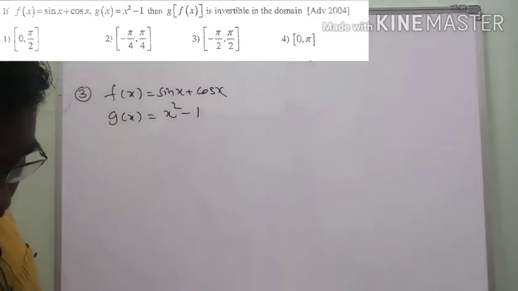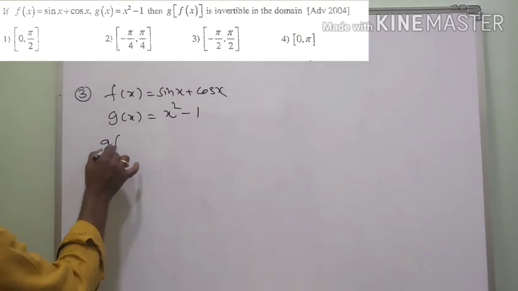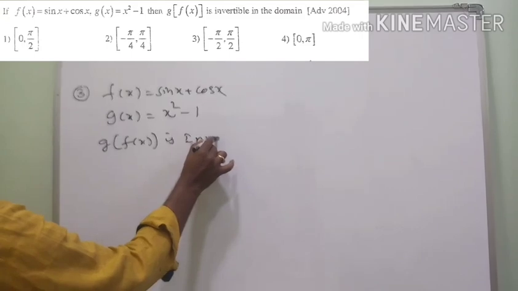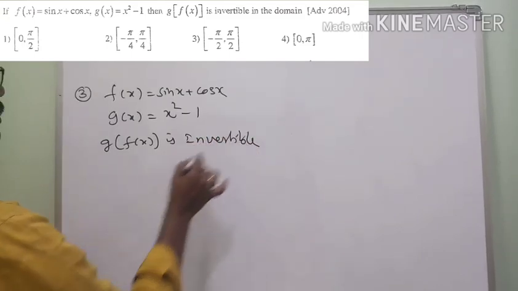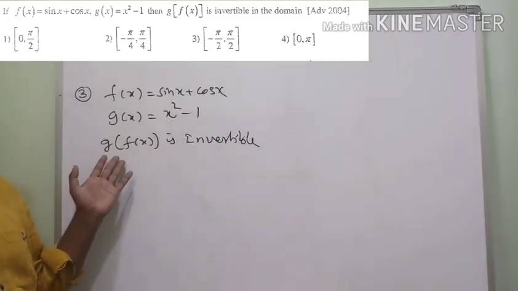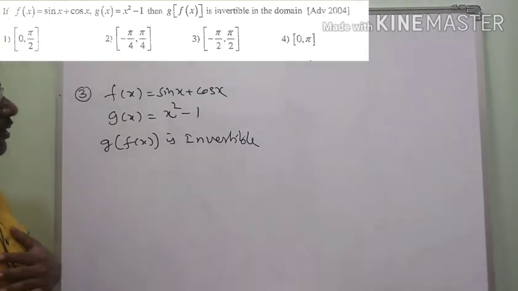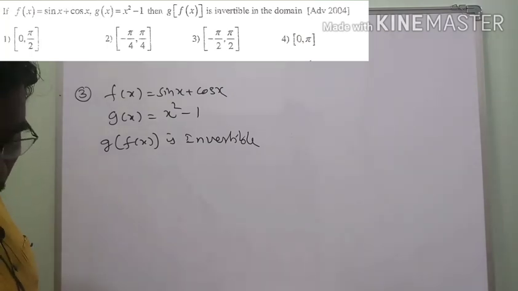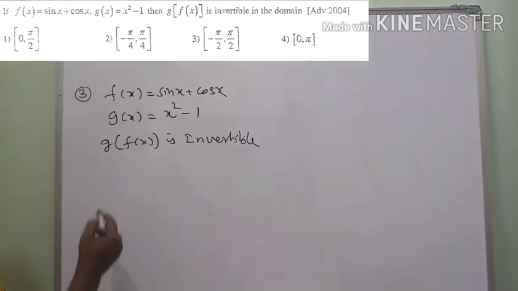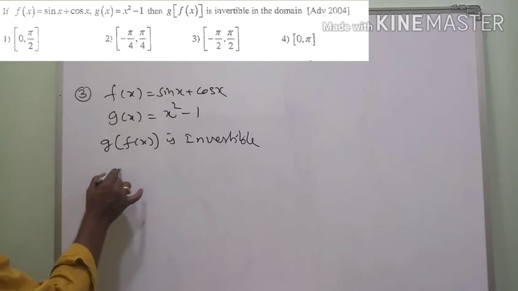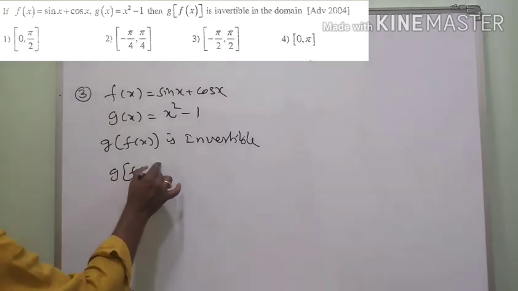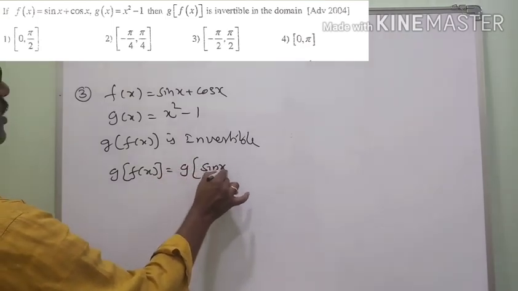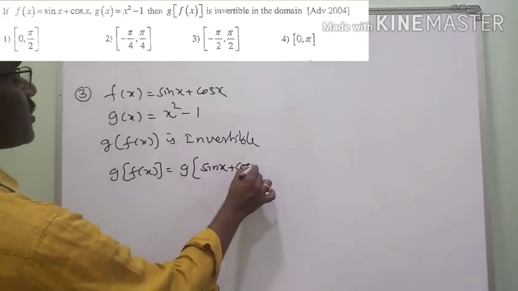G of f of x is invertible means it is both one-one and onto. Now what is being asked? The domain is being asked, the interval. Right. G of f of x is g of sin x plus cos x.